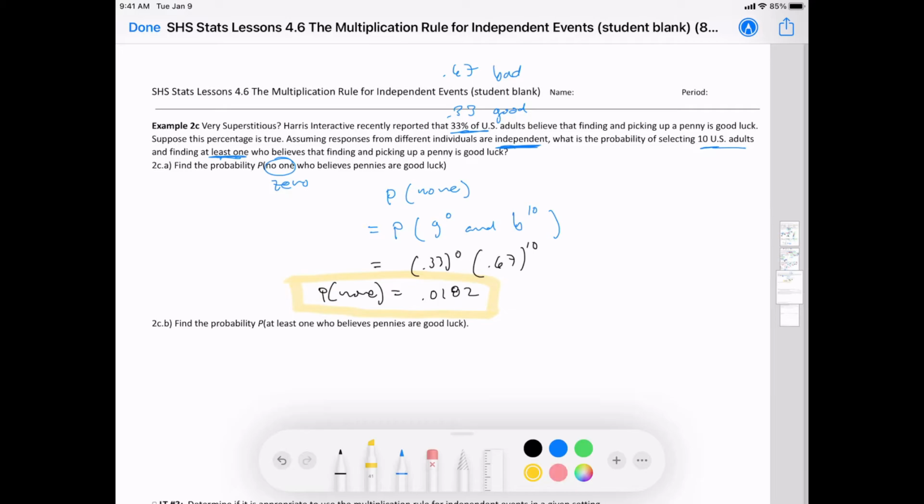Okay, here's a keyword. Did you notice the last one didn't have the keyword there? Just kind of helping you move along. You need at least one. So let's write down the formula. Probability of at least one is equal to 1 minus the probability of none.